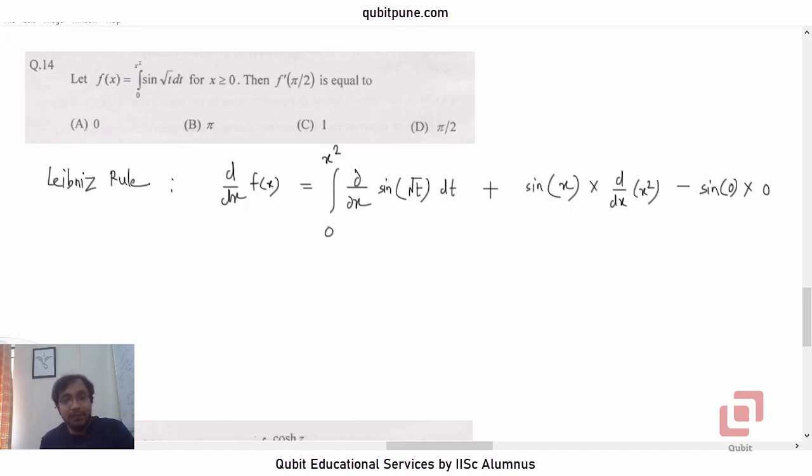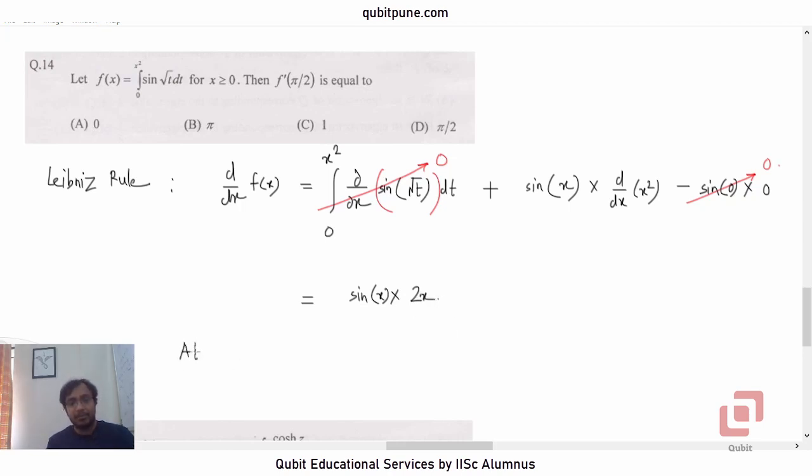Okay, fine. So will the first term be 0? Yes, because there is no x in this integrand, so the partial derivative will be 0. So this will be 0. What about this? It's already 0. So the derivative of f with respect to x is sine of x into 2x.